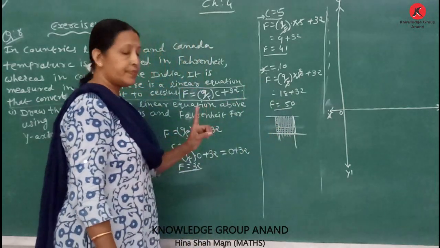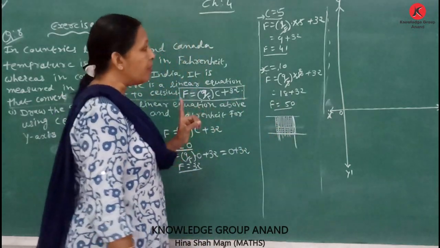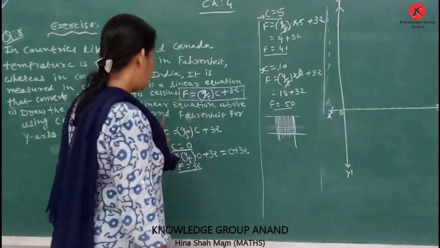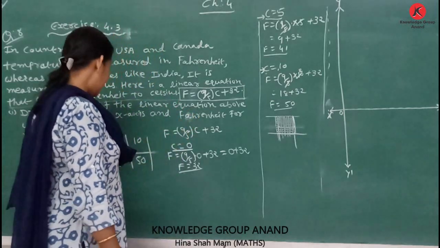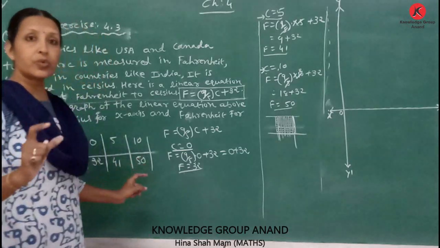In your graph book, on y-axis 32 is a large measure.